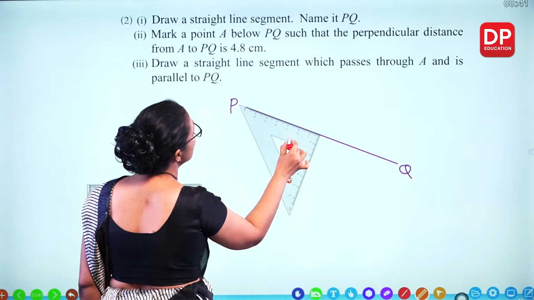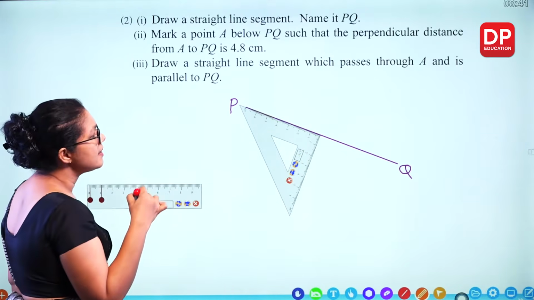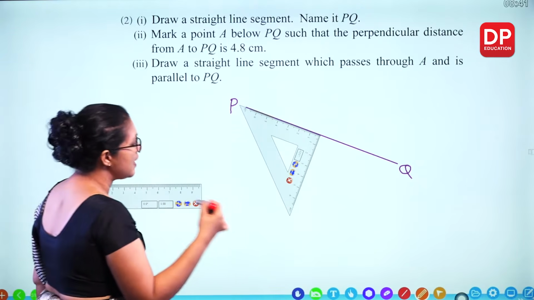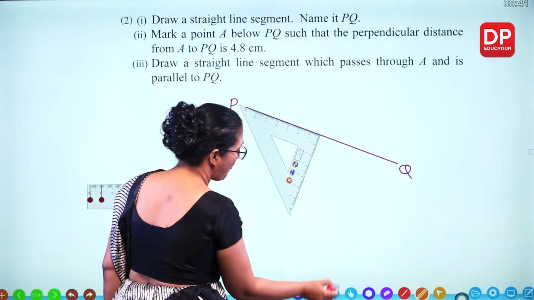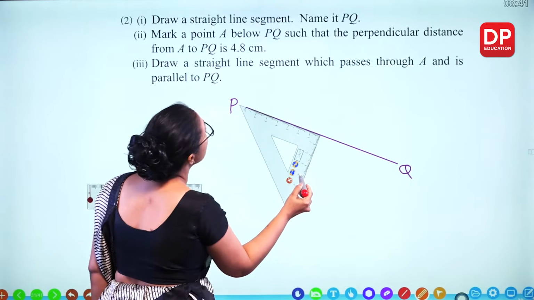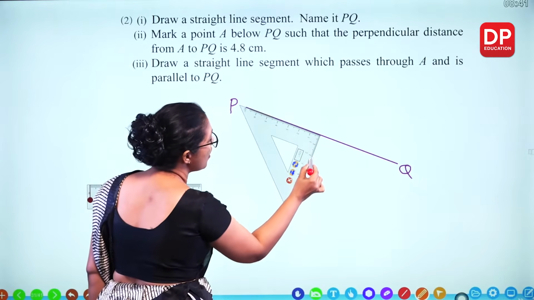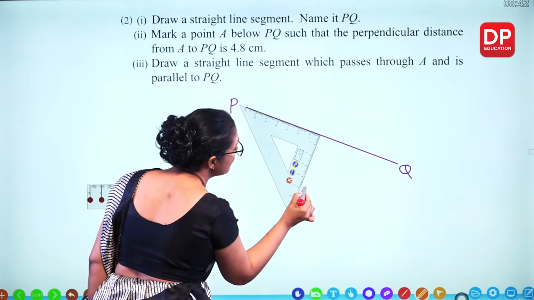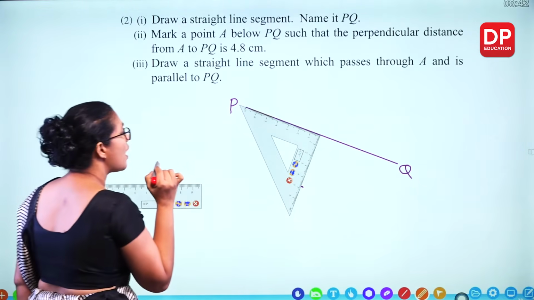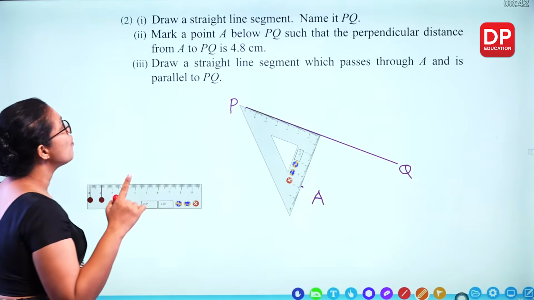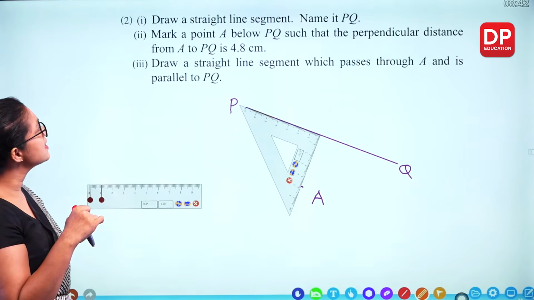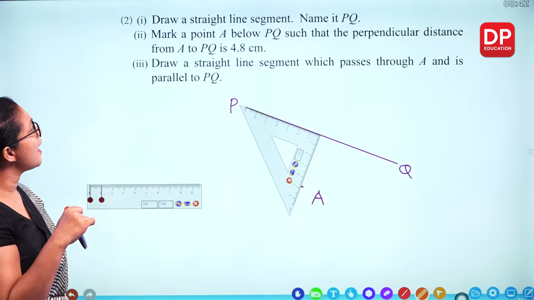Now keep the set square like this and you can mark 4.8 centimeters from there. From here, 4.8 centimeters. 1, 2, 3, 4 here, somewhere here. So I can mark the point A. That's A, 4.8 centimeters away from PQ line.